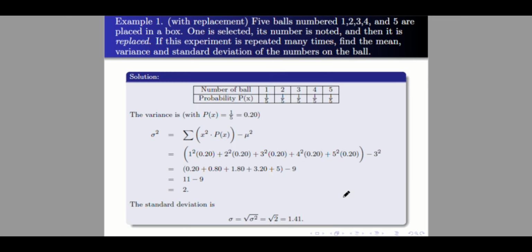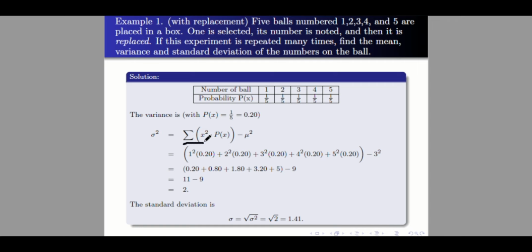Now let's go to the variance. I may use the first equation. Take note, 1 over 5 is 0.2. I think it's easier to input 0.2 than 1 over 5 on your calculator.